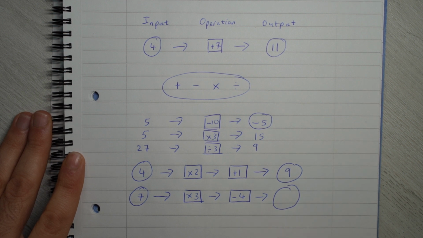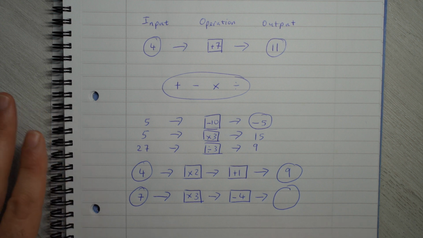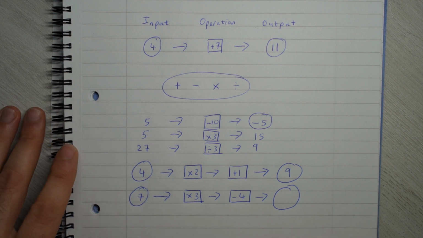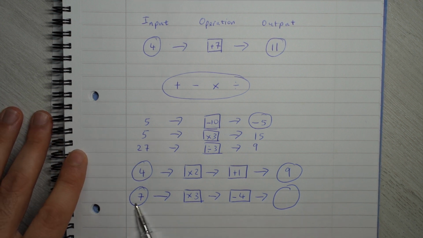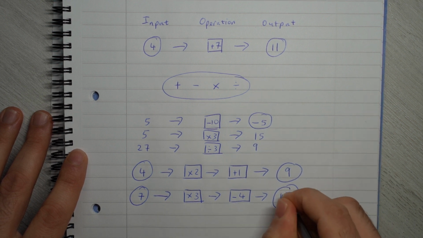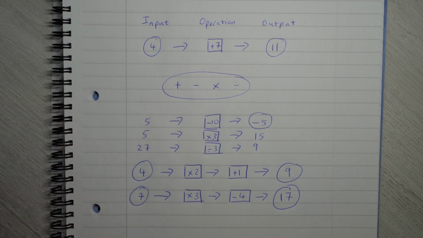These are not on the notes, but as I told you, you have covered them last year as well, but I'm doing some revision. So to find the output, we need to work out 7 times 3, which is equal to 21. 21 minus 4 is equal to 17. So that is how we work out function machines.